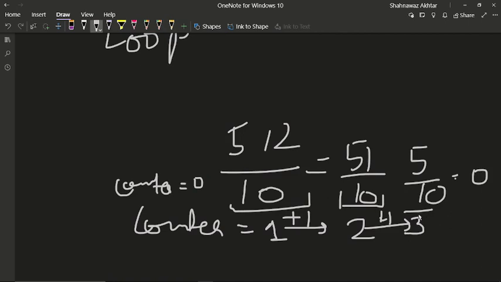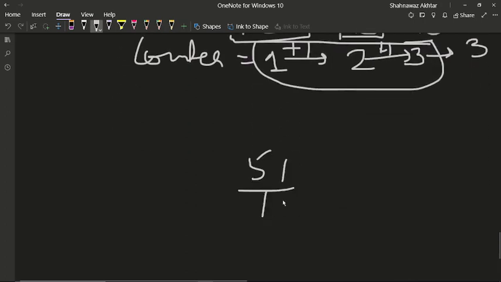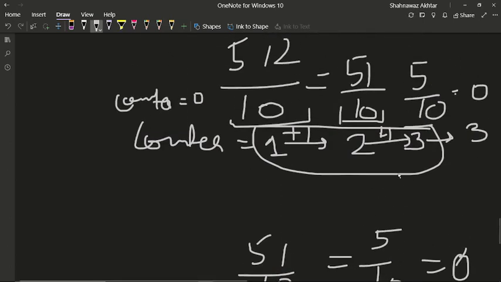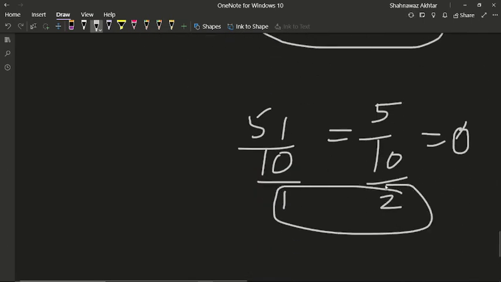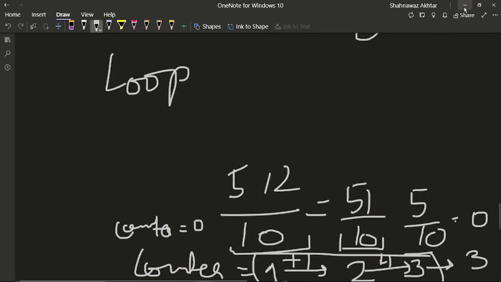If the counter is 3, then absolutely it has a 3 digit number. But suppose it had only 51 and we are dividing it by 10. One time, then 5 by 10, 2 times, now we are getting 0. So it will stop at 2. That indicates it is not a 3 digit number, it is only a 2 digit number.